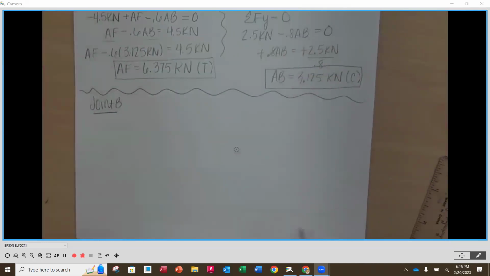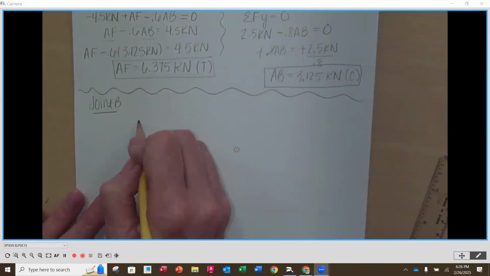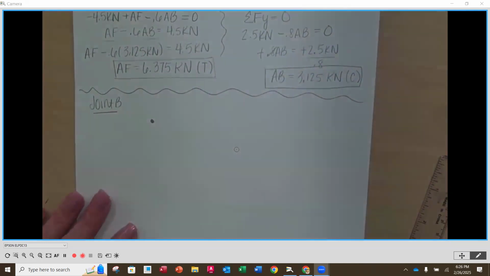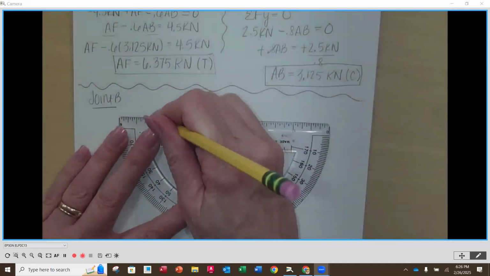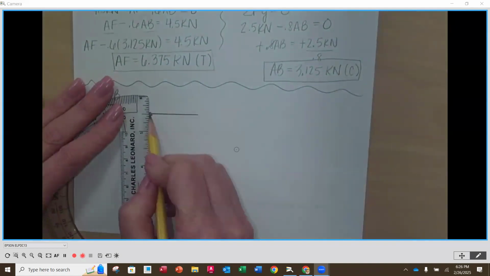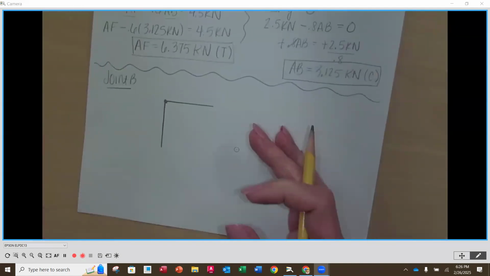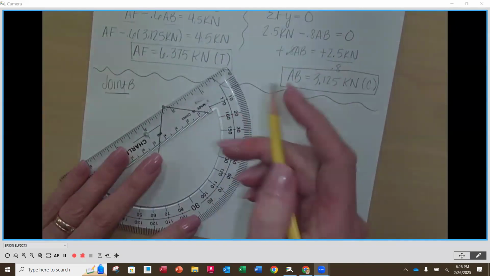Okay. So B is kind of like up here-ish, right? And now I like to draw just the members coming from it. And then we're going to be adding in anything that we know.